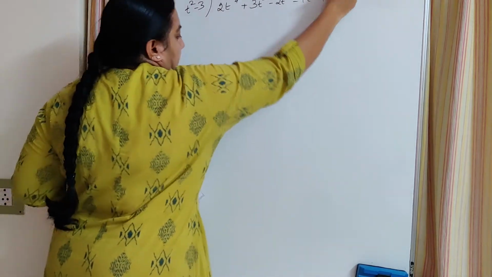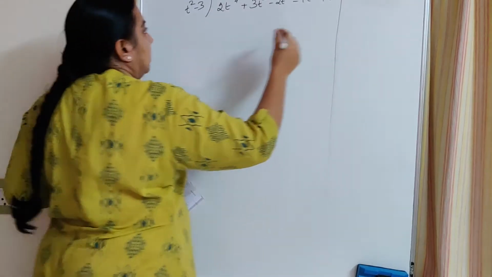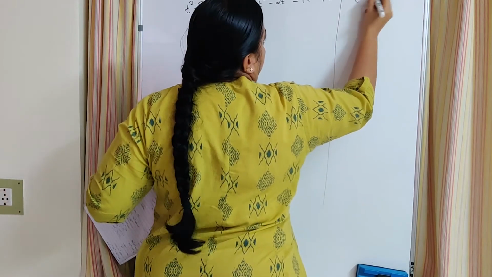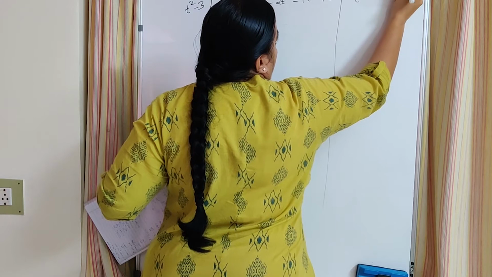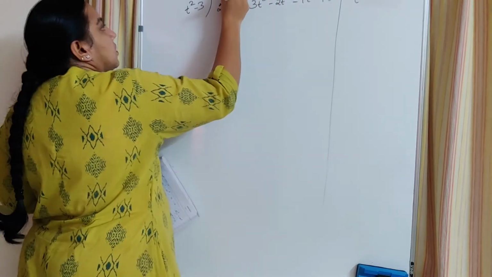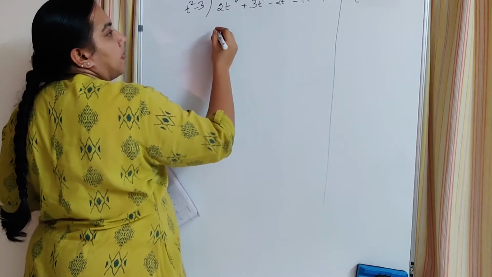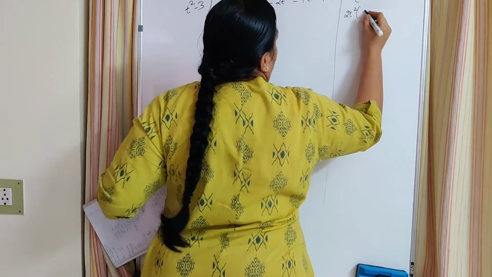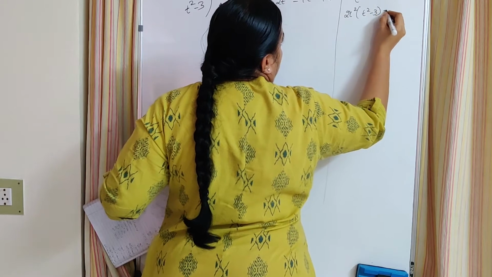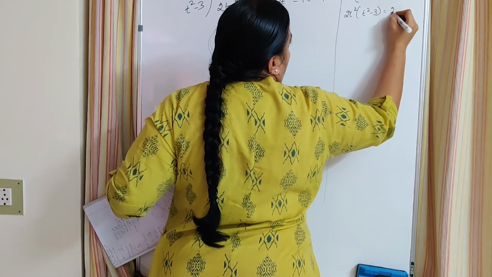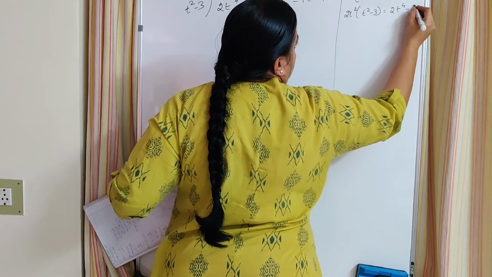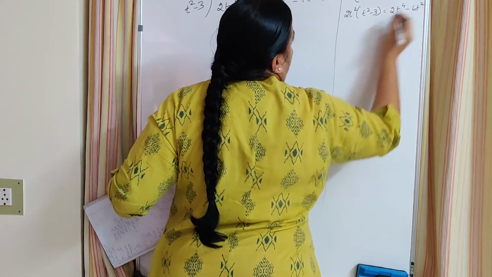Now I am taking the first term alone. 2t power 4 divided by t square is equal to 2t square. And now 2t square into t square minus 3 is equal to 2t power 4 minus 2 3s are 6t square.